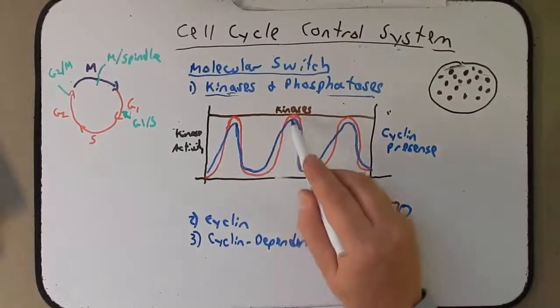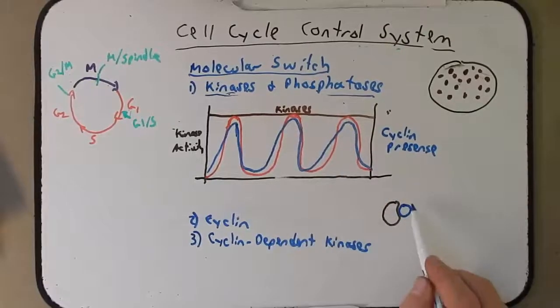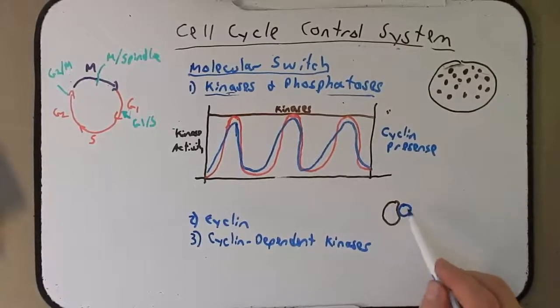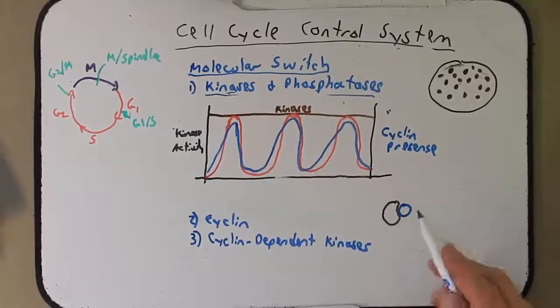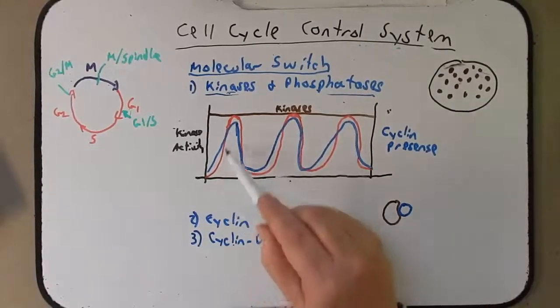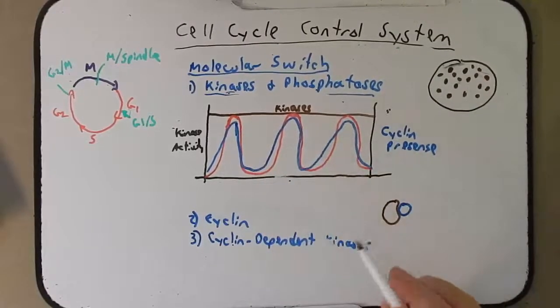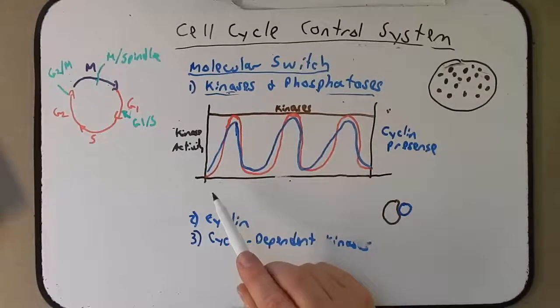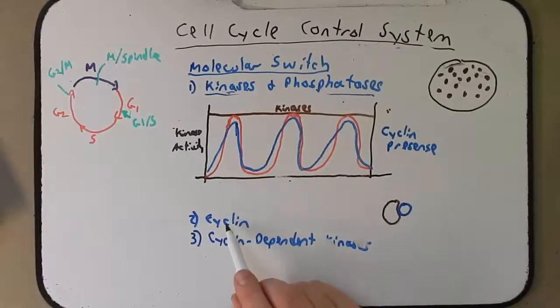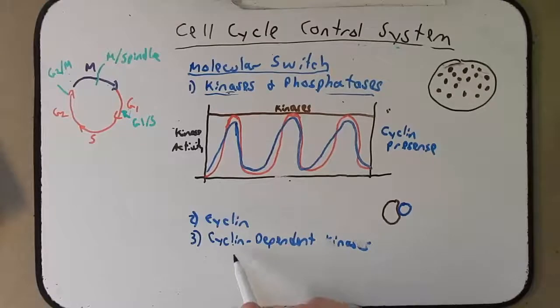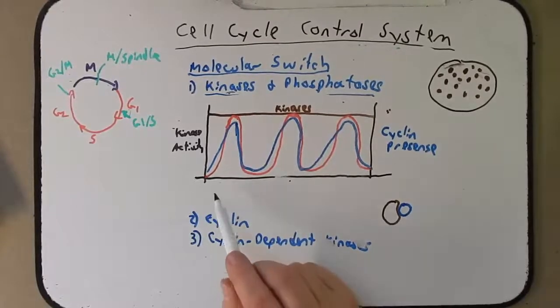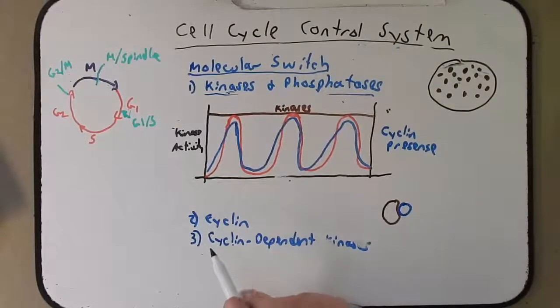So as these peaks go up with activity, that's indicating that the cyclin and the cyclin dependent kinases are interacting with each other. So why is it that we have these peaks? Well, these peaks will help explain the fact that we have different kinds of cyclins and different kinds of cyclin dependent kinases. They will be specific for different parts of the cell cycle.